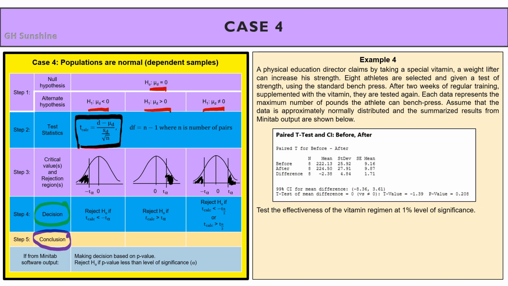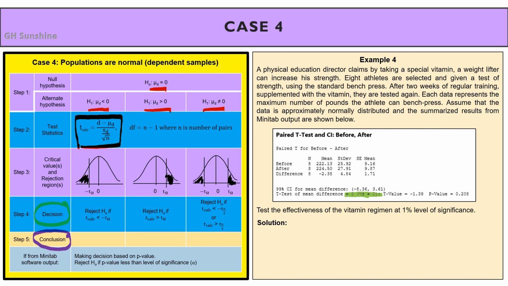Let's try this example. This example is based on dependent samples, before and after. Using the Minitab output, test the effectiveness of the vitamin regimen at 1% level of significance. So look at the Minitab output. T-test of mean difference equal to 0 versus does not equal to 0.